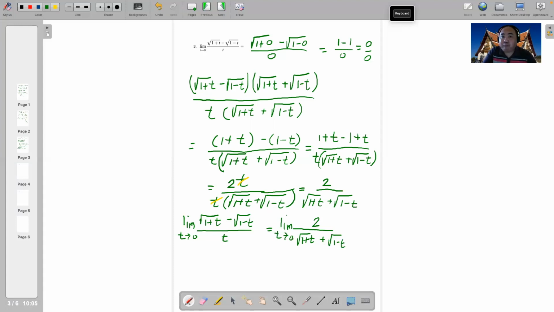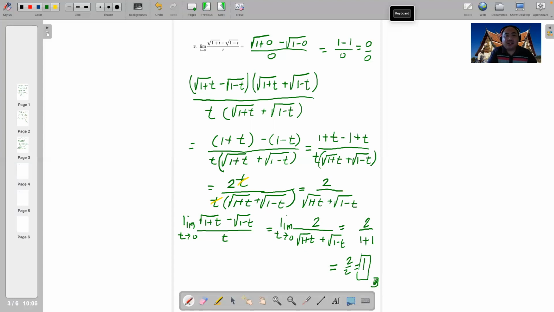But what makes the second expression convenient is that when we do substitution, we will just get 2 divided by 1 plus 1, or 2 over 2 or 1. And there you have it. The limit of the original function as t approaches 0 is 1.